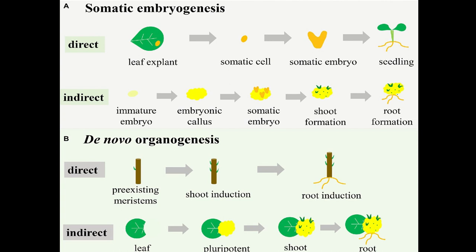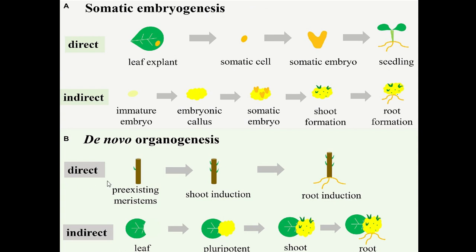Let's study this diagram for a clear concept. So here is the direct. We take the explant, we extract the somatic cells, and we give rise to the somatic embryo, and it further grows into a seedling. In indirect, we take the immature embryo, and then there is the formation of callus, and from the callus, due to these induced embryogenic determined cells, the somatic embryo is formed, and then there is formation of root and shoot.